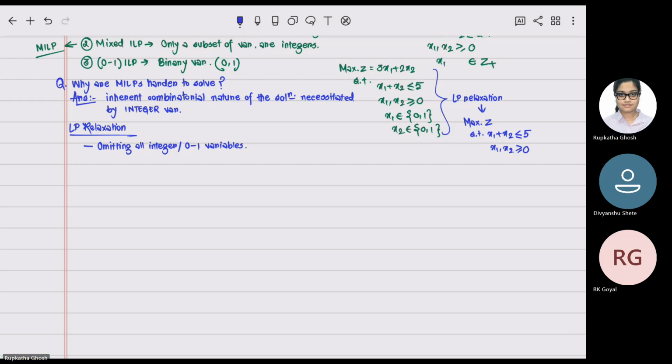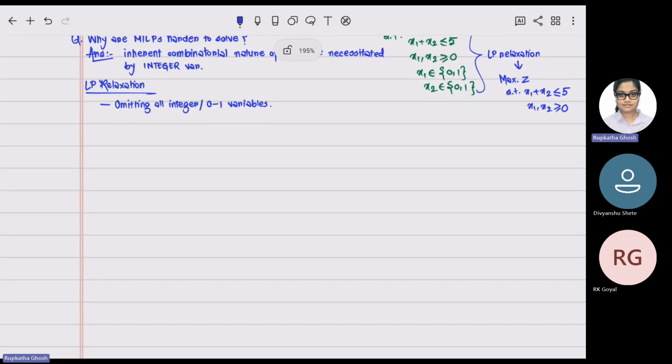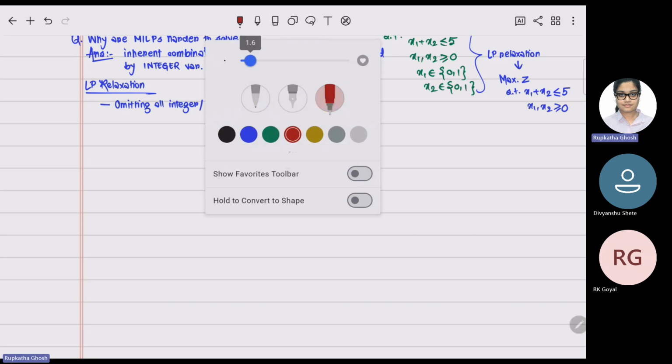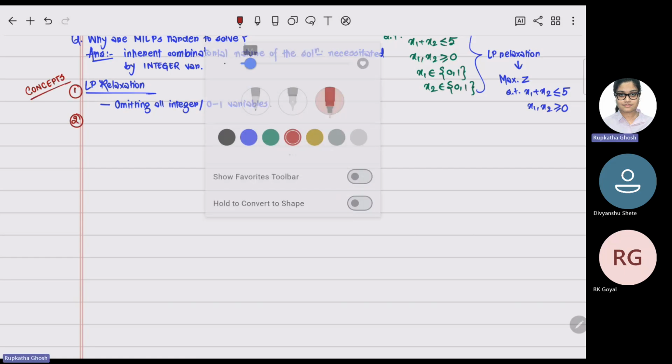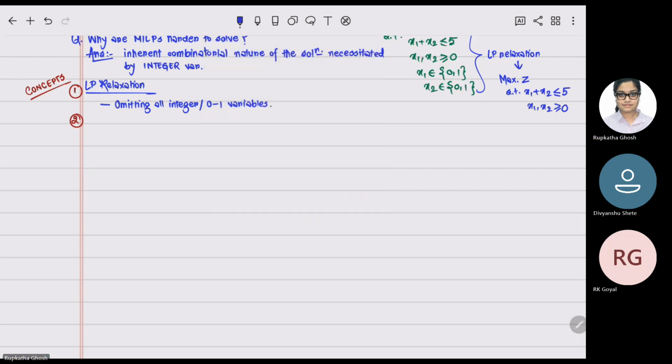Now, these are some of the concepts. I'm just writing so that you know why we are studying all this. The second one is integer feasible versus LP feasible.